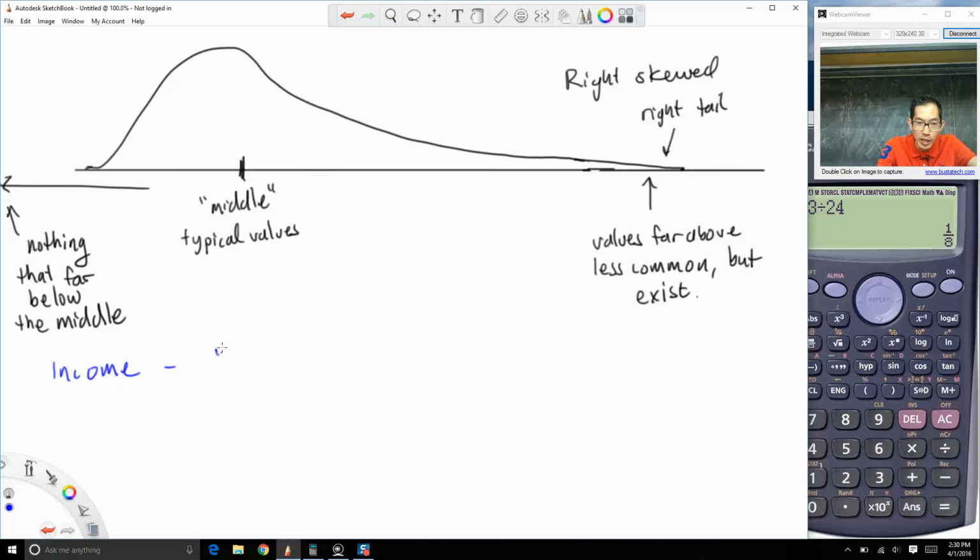So maybe average can be, I don't know, 55,000. Are there people who make $1 million a year or more than $1 million a year? Yes. Okay. So you could have someone out here who's making $1 million a year. Some people, not many, but some people make $1 million per year.